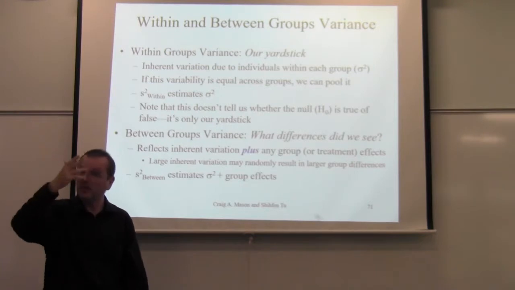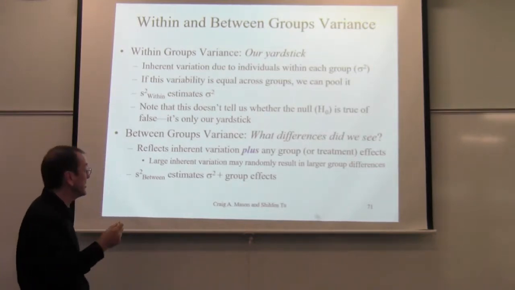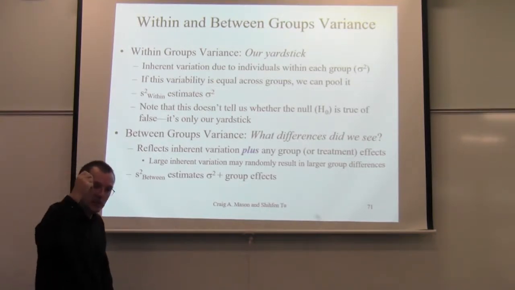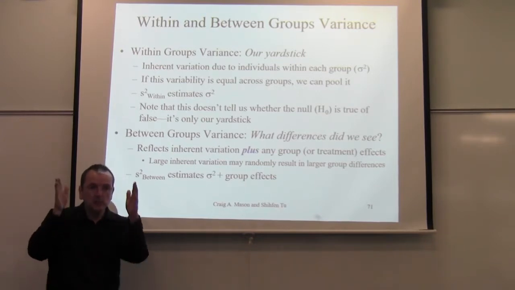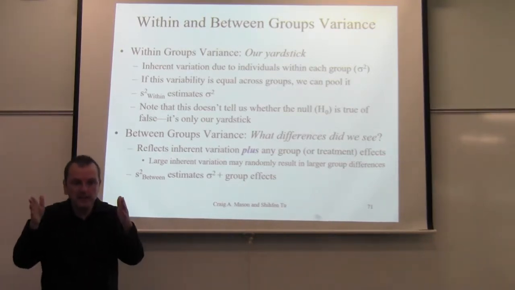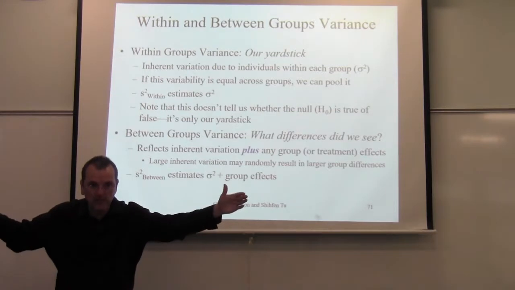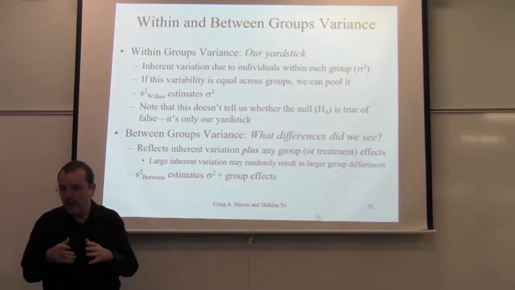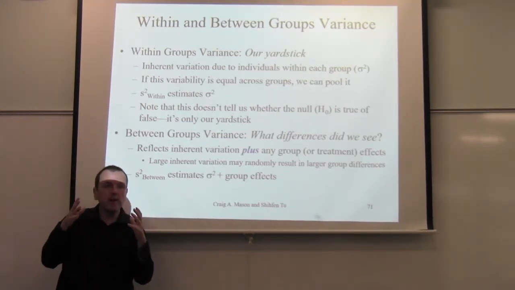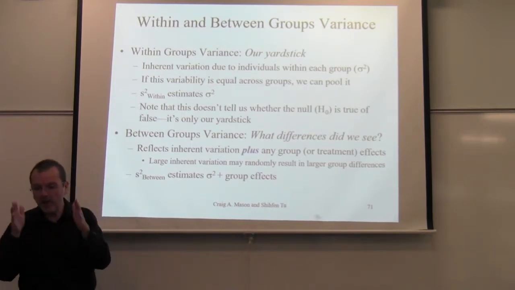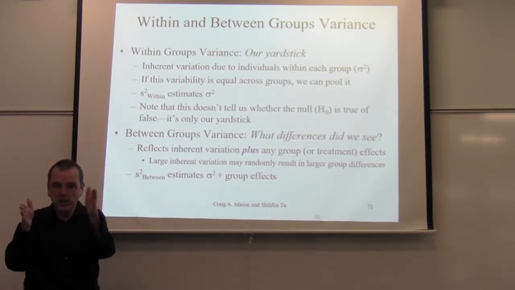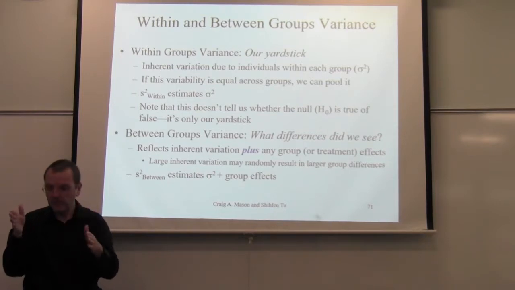It's just a different form of a yardstick. We're going to use that within group variance as a way of measuring how big our between groups variance is. The within group variance is that inherent variation that we see due to individuals within each group.